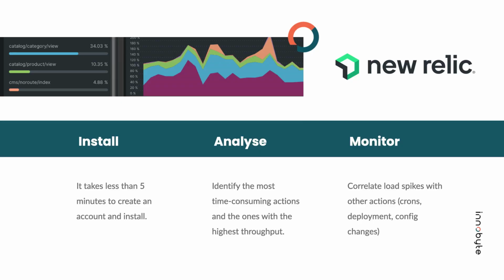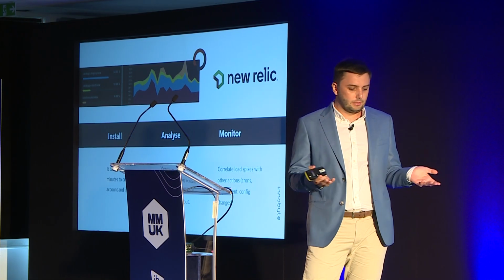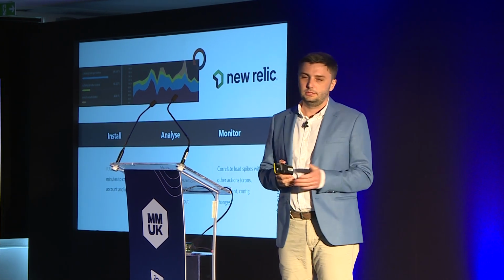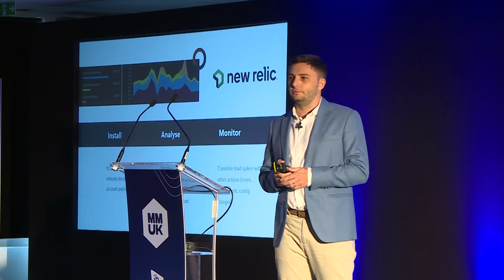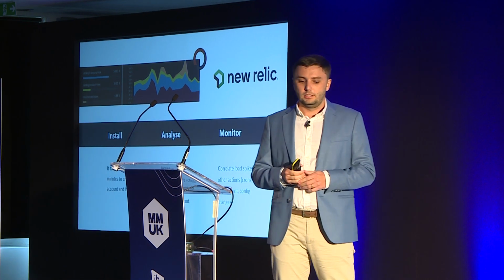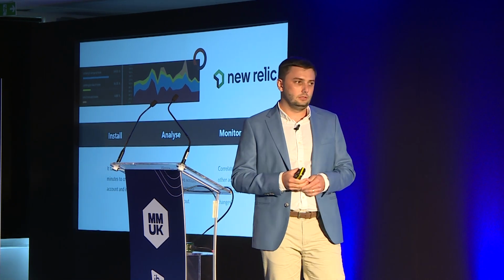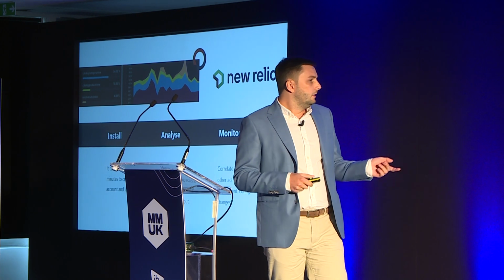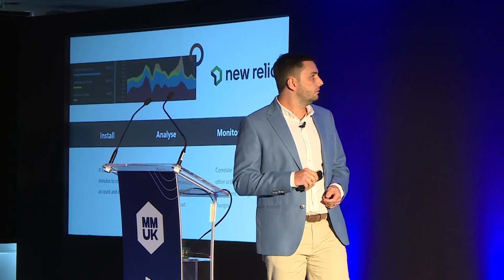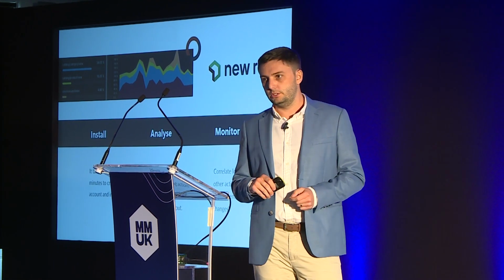So the first tool that I'm using, especially when a new client comes to us, is to install New Relic. One of the biggest advantages I found is that it's very easy to install. They say 5 minutes, but after 2 or 3 installs, it will probably take 2 minutes, and you have a lot of insight into what is happening on your website. For Magento, they know the routes.